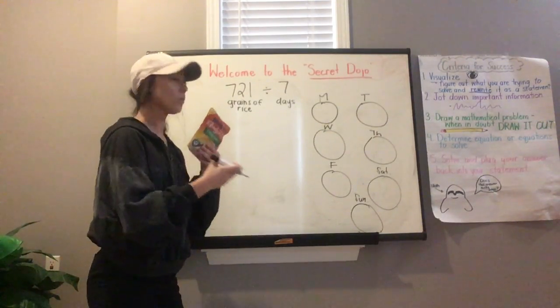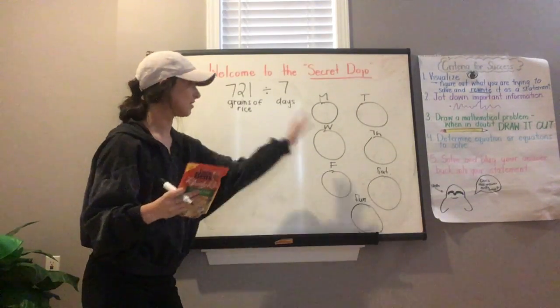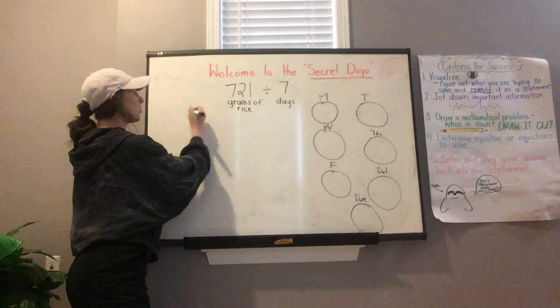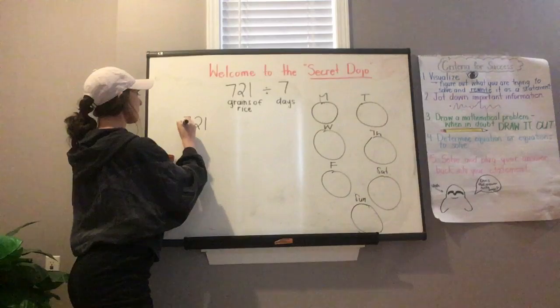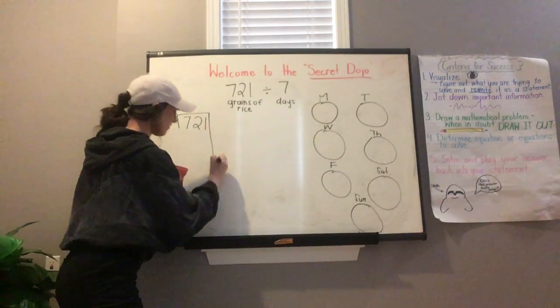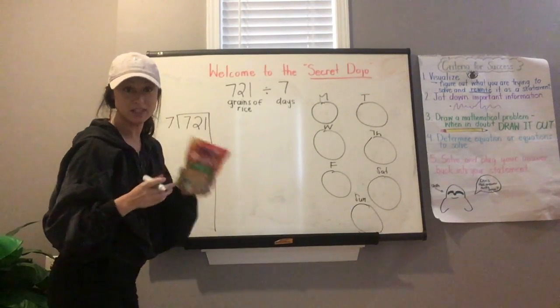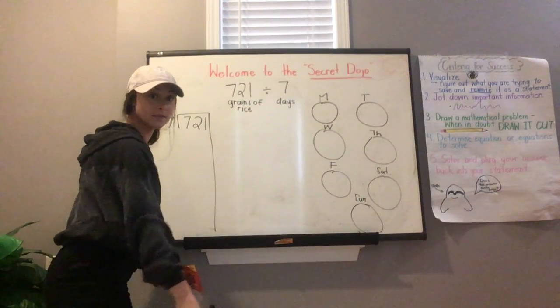So now we're gonna see the visual representation if I put each one of these grains on a plate. First, I'm gonna take my total amount of grains of rice, 721, and I'm going to divide it into my 7 days. I'm going to split this total amount into those 7 days over there.